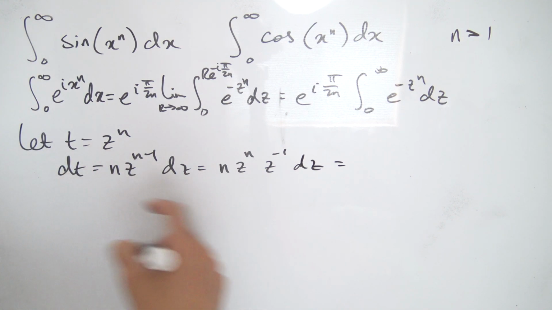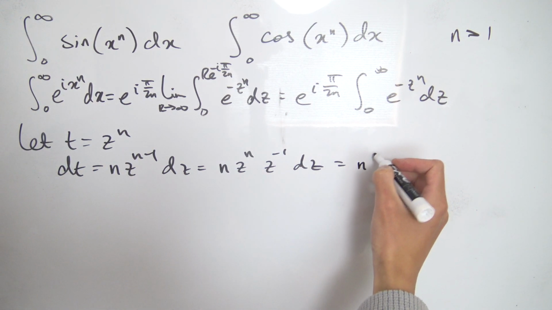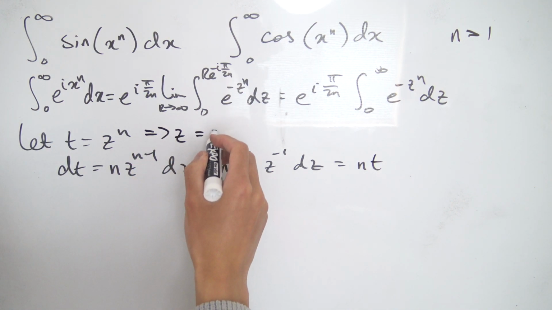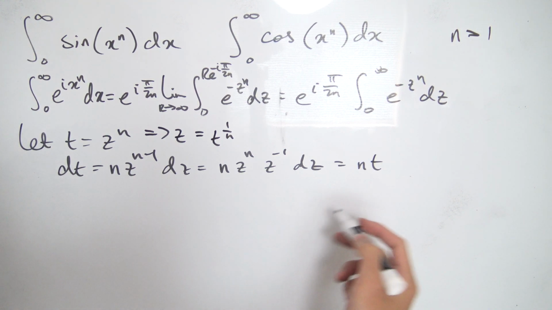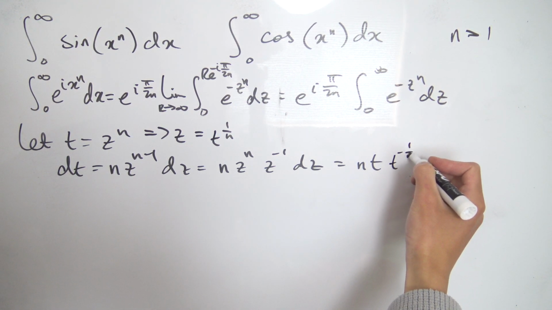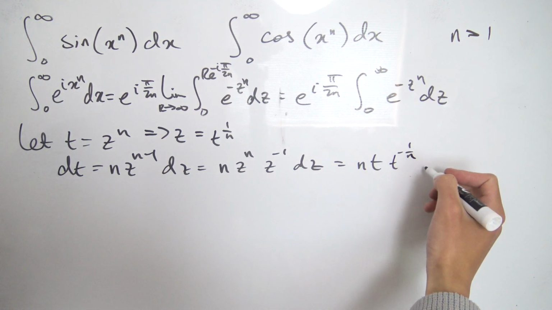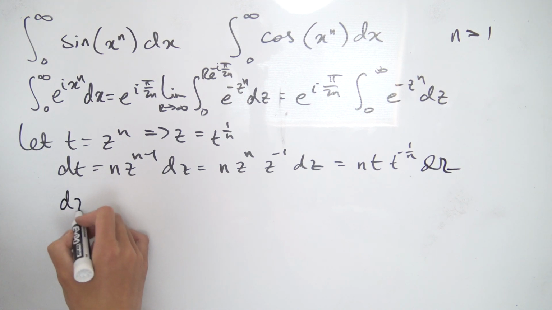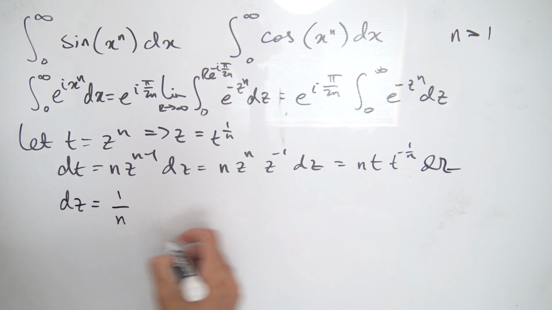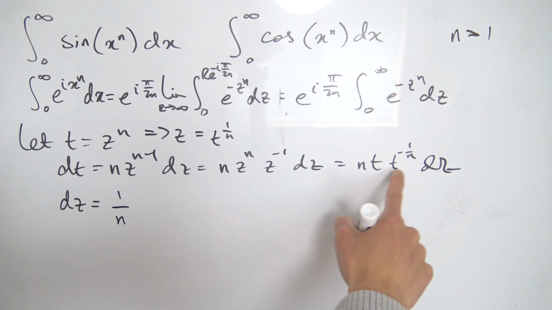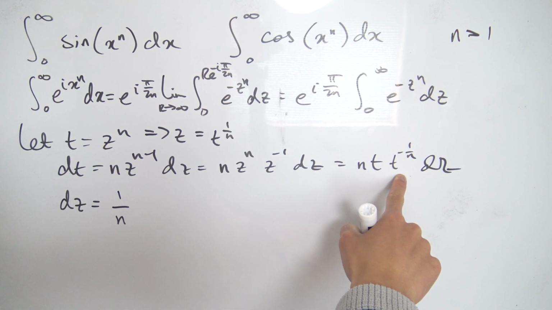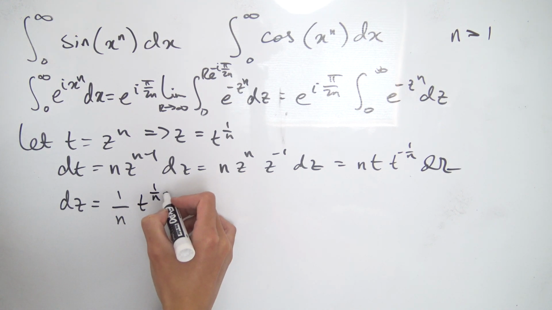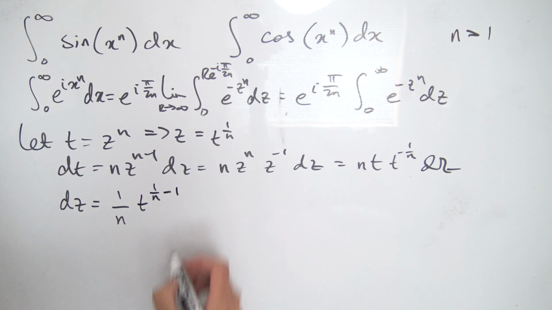But notice z to the n is exactly t, so we have nt, and then z to the minus 1, well, we know z is equal to t to the 1 over n, which means z to the minus 1 is t to the minus 1 over n. And then this is dz. So if we isolate our dz, we have dz is equal to 1 over n, and then this t to the minus 1 over n becomes t to the positive 1 over n. So we have t to the 1 over n minus 1 times dt.